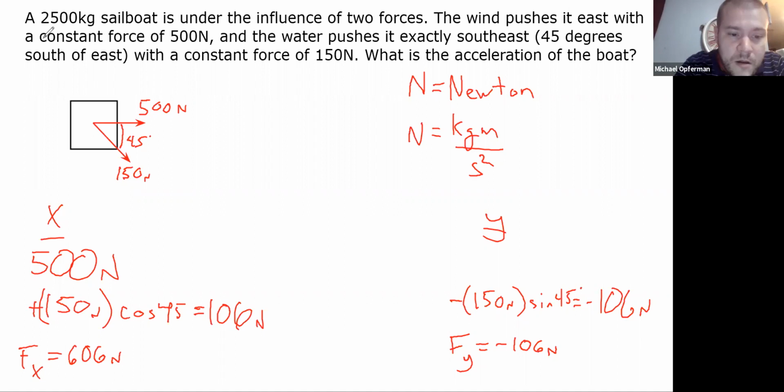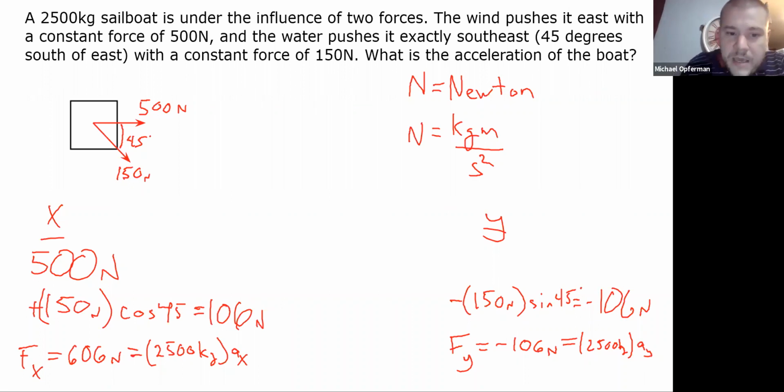So over here, this one is going to be equal to M times AX. M was 2,500, so this will be 2,500 kg times the x component of acceleration. And over here, this will be 2,500 kg times the y component of acceleration.